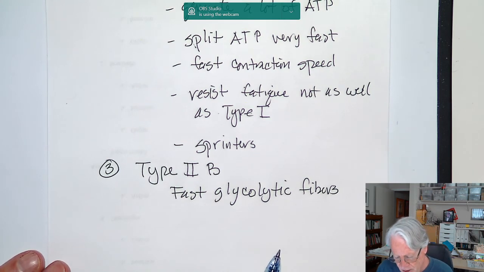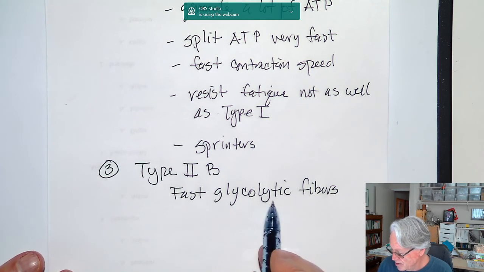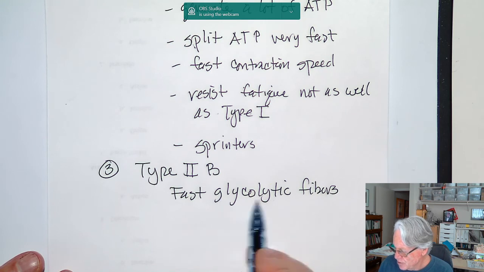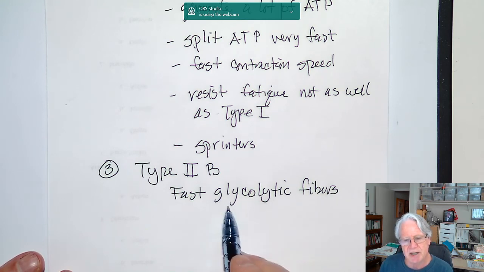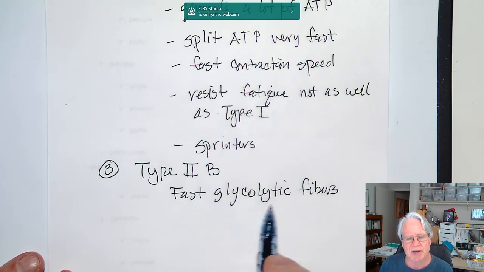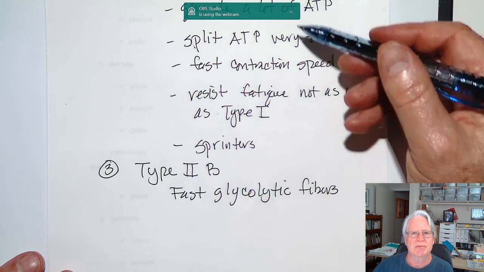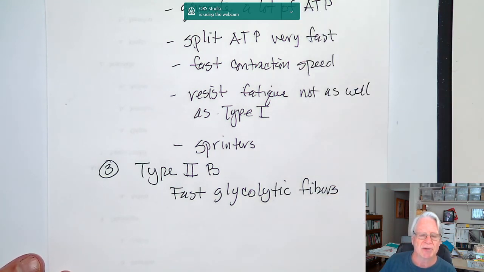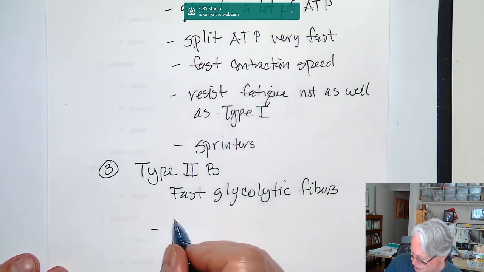Okay, so here, the fast glycolytic, this is referring to a way of generating ATP without a lot of oxygen. The first two types of fibers that we talked about were capable of generating ATP using oxygen. These muscles are more in tune to generating ATP without a lot of oxygen present. So they are fast twitch.